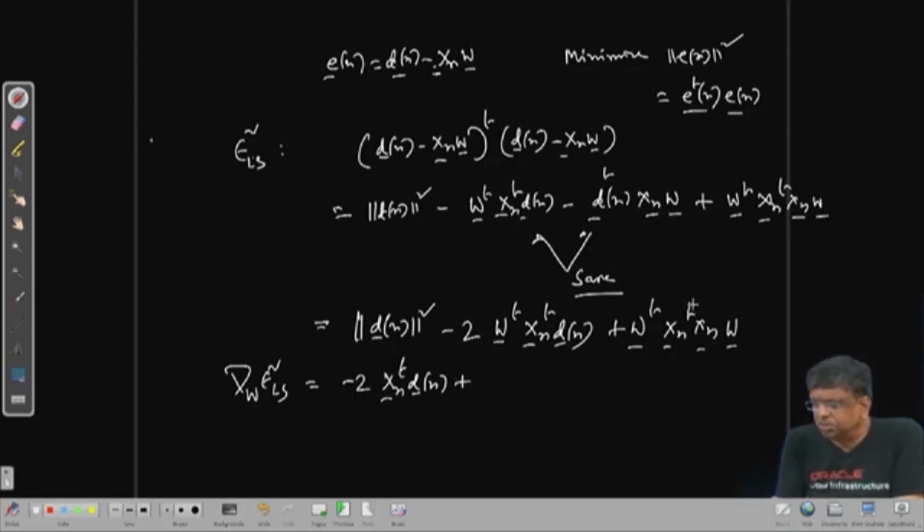And again w transpose some matrix, which is a Hermitian matrix, into w. Xn transpose Xn is a Hermitian matrix. You take the transpose of it, Xn transpose, transpose, that is Xn. You get back the same thing. So, here again we know it is twice this Hermitian matrix times w equal to the 0 vector.